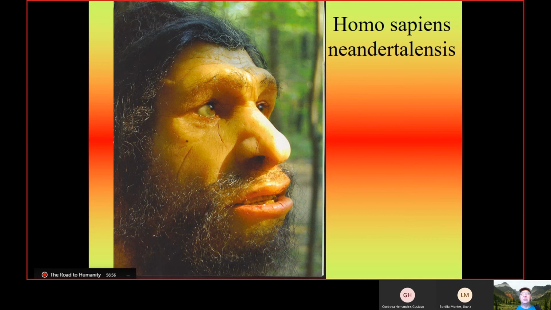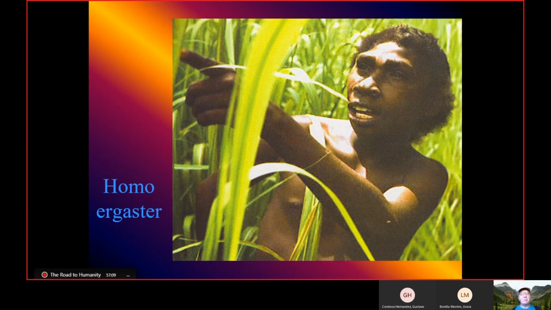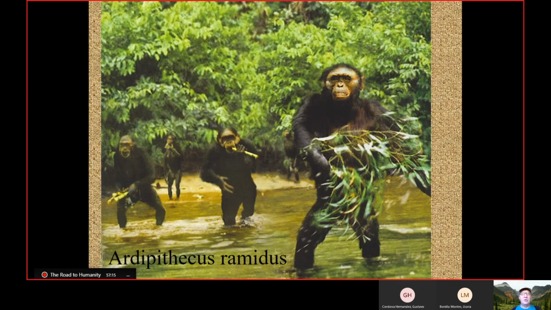Here's a Neanderthal. A 3-year-old in the same species as Lucy. Another species of Homo, Homo ergaster. Another very ape-like one. So we're jumping around in time with these examples, right?